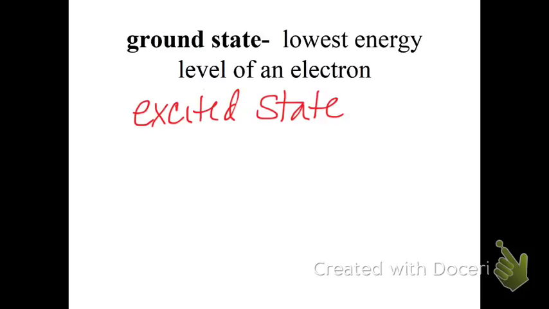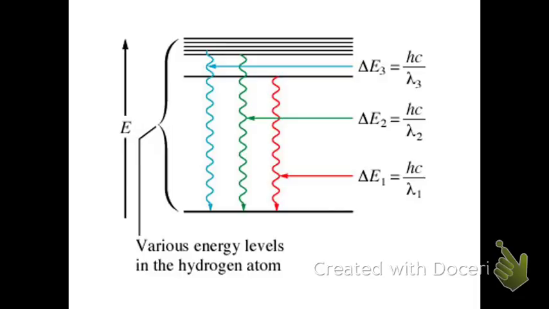So it absorbs energy to go from the ground state to the excited state, but it releases energy to go from the excited state back down to the ground state. And so here's an example of those falling down to the different energy levels, and that's where that energy calculation can be determined based on the wavelength from one energy level to another.